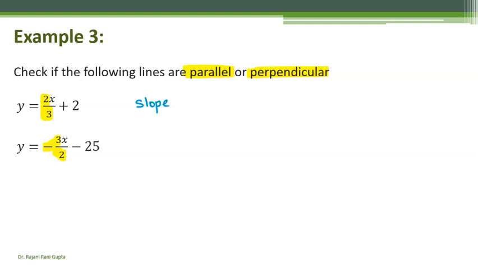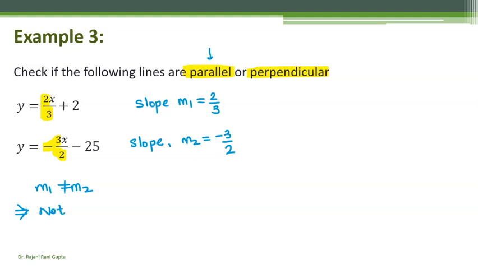So here the slope m1 is 2 over 3, whereas for the second line, slope m2 is minus 3 over 2. Okay, so it's clear that m1 is not equal to m2. Correct? So here you have to mention that the lines are not parallel.